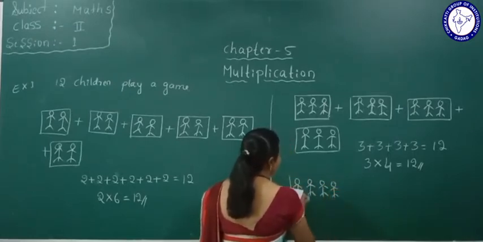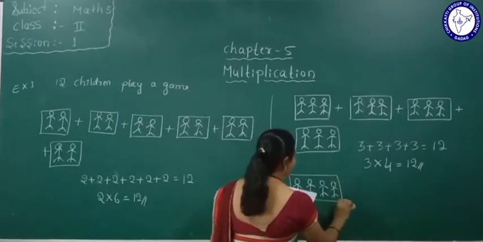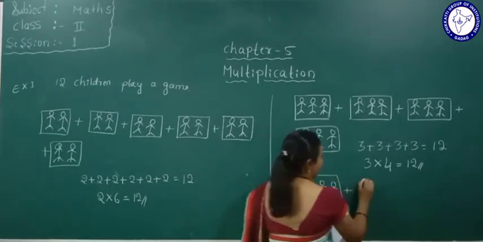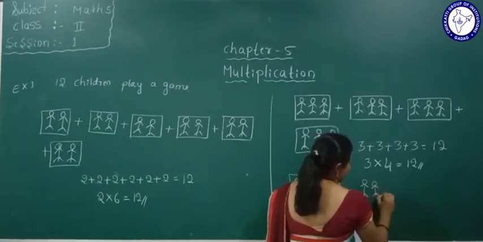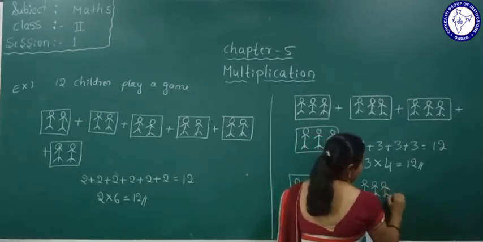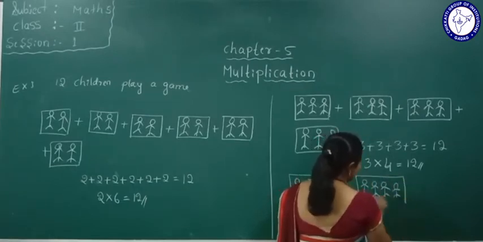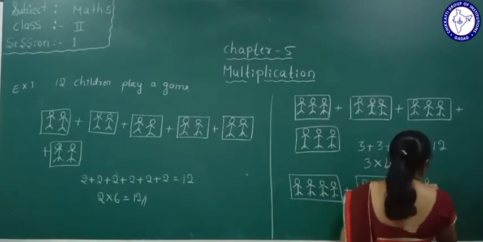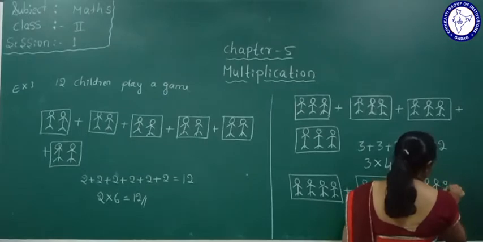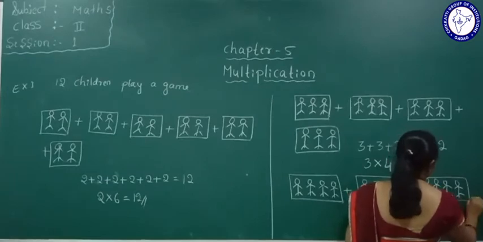It means 4 students in one group and another group 1, 2, 3, 4. So here also 4 students in one group. Totally how many students? Totally 12 students.